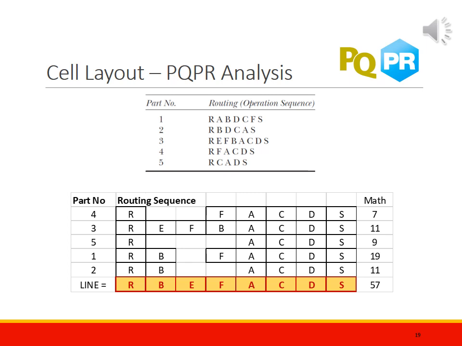So now we have the PQ-PR analysis. I have that same diagram. And what I've done here is I've begun by inspection. I haven't changed the routing sequence exactly. I have a little bit, right?